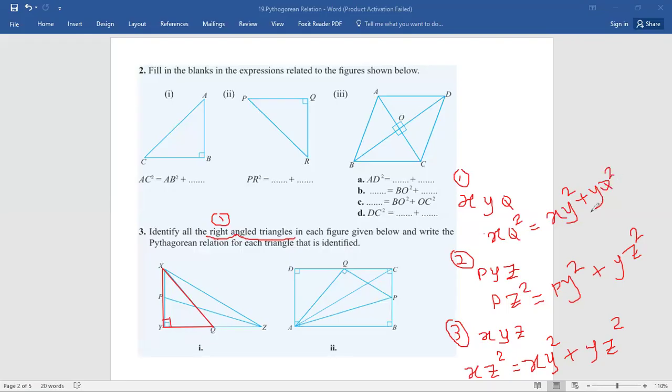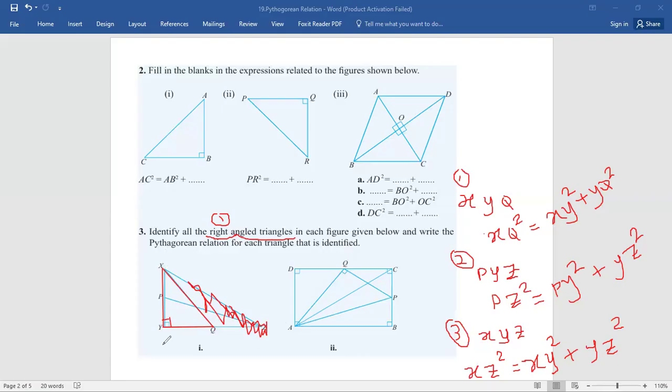Why won't the Z come? We are going to apply the Pythagorean relationship for XYQ only, this highlighted one. So Z is out of the scope. Previously we applied XYZ. Now we have taken the XYQ triangle only. We are not going to care about these other parts.